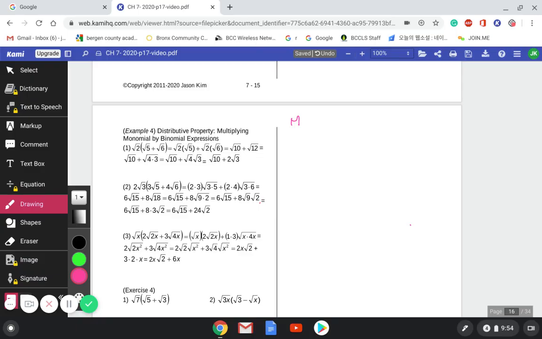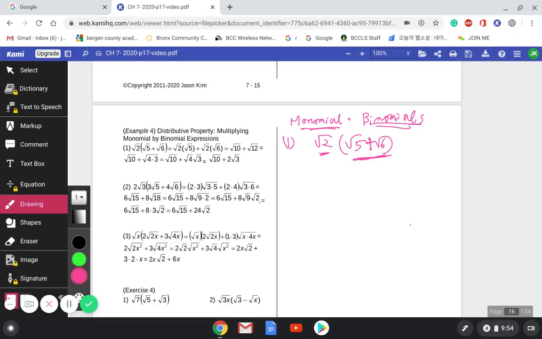This example is monomial, which means one term, you multiply with binomial, which is two terms. So for example, let's say you have the product of radical 2 times radical 5 plus radical 6. So you have one term multiplied by two terms.